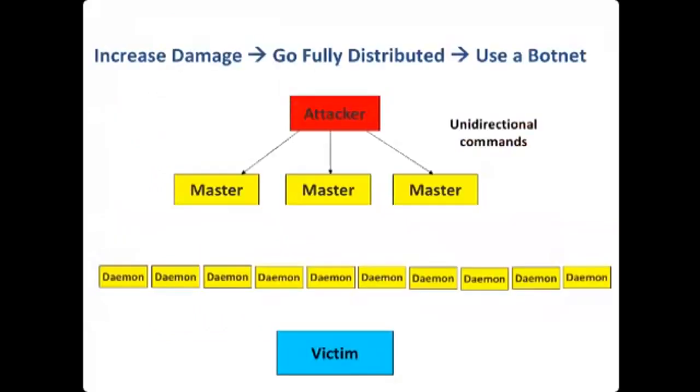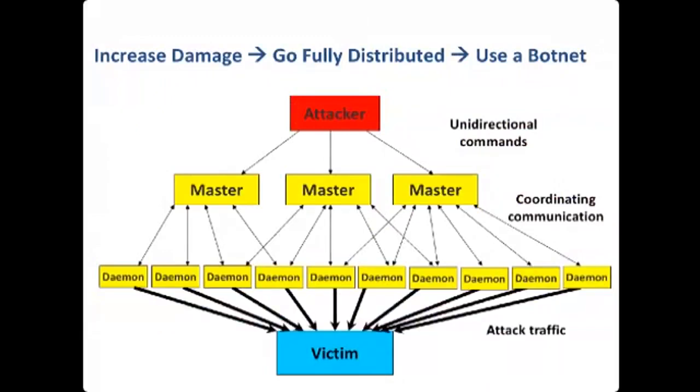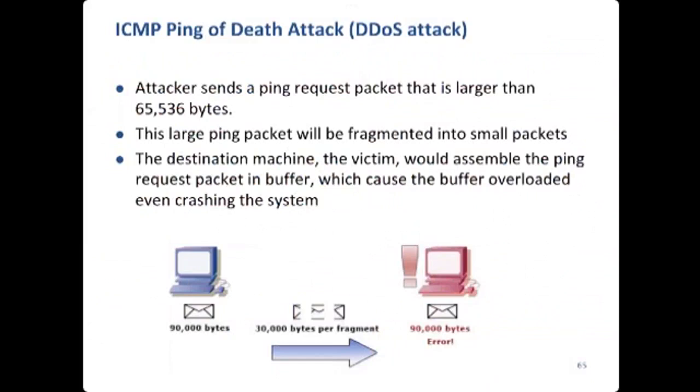The attacker can also use a botnet. There can be millions of bots, even in your router or your mobiles, sending this kind of message, and these bots will respond back to the victim. When you send a packet to a machine, the machine has to receive the packet and process it. So this is called a denial of service attack.